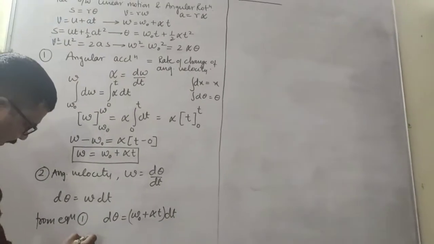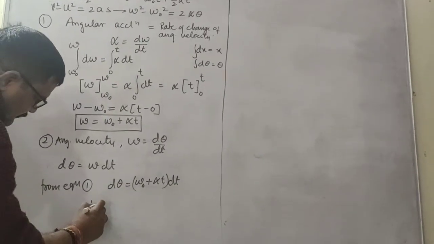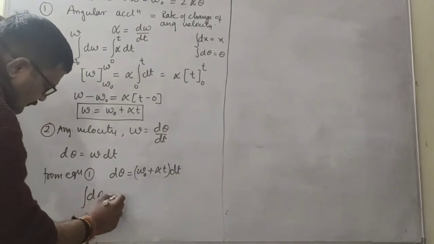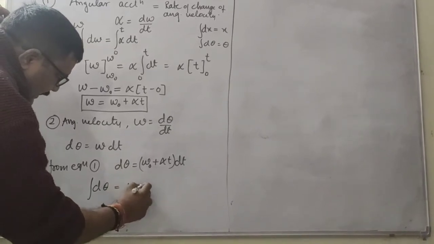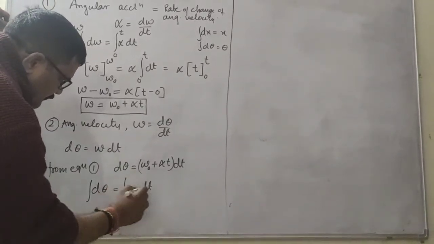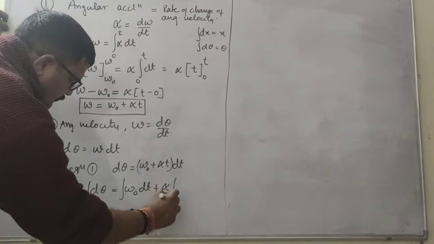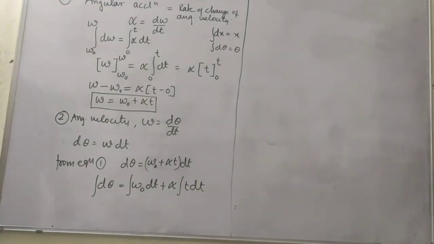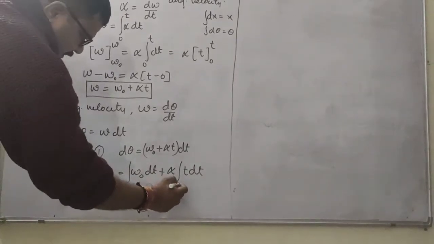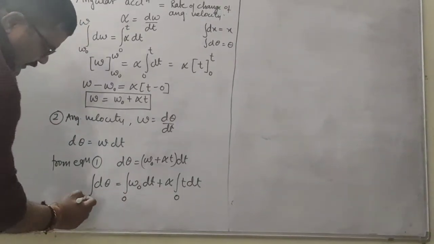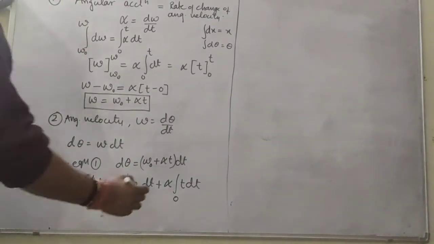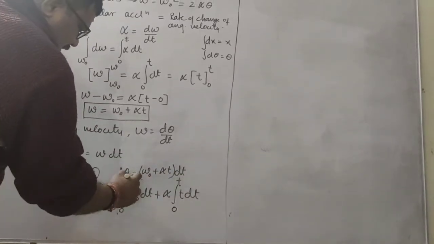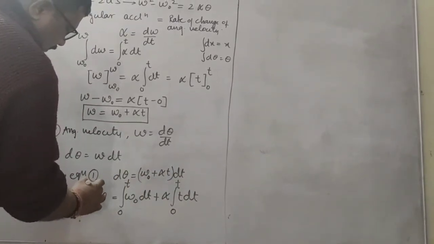Now on integrating d theta, opening the brackets, applying the limits. When time t is 0, there is no displacement. When time is t, there is a displacement of theta.